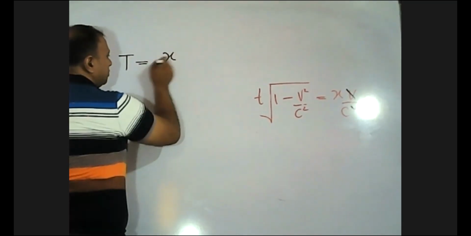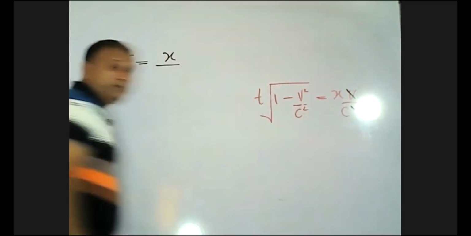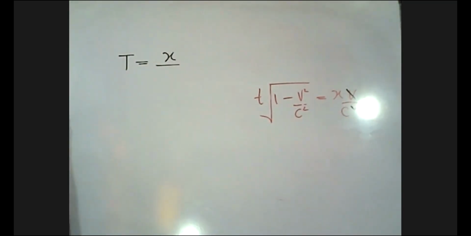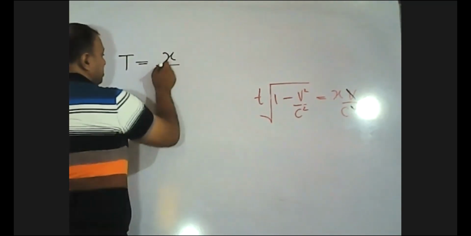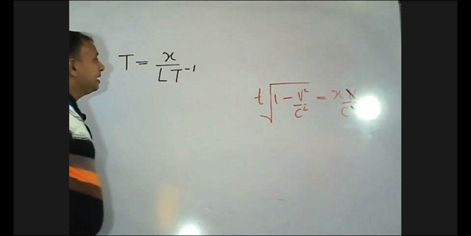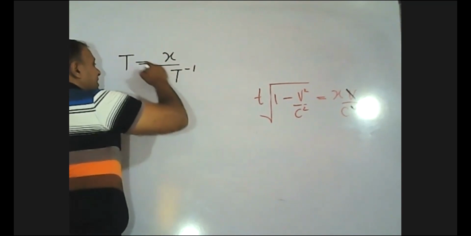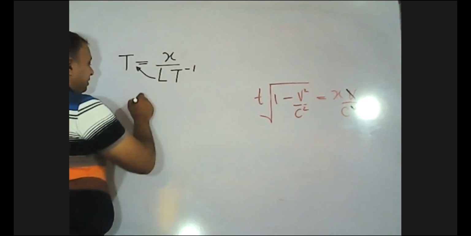So x over c. C means it is a velocity, so LT minus 1. x over LT minus 1. If I make x the subject, I have to bring those here.